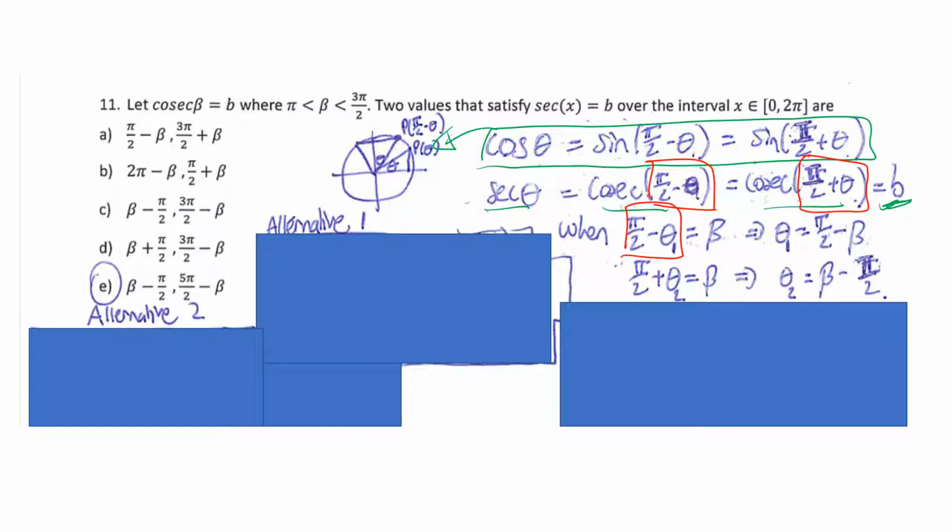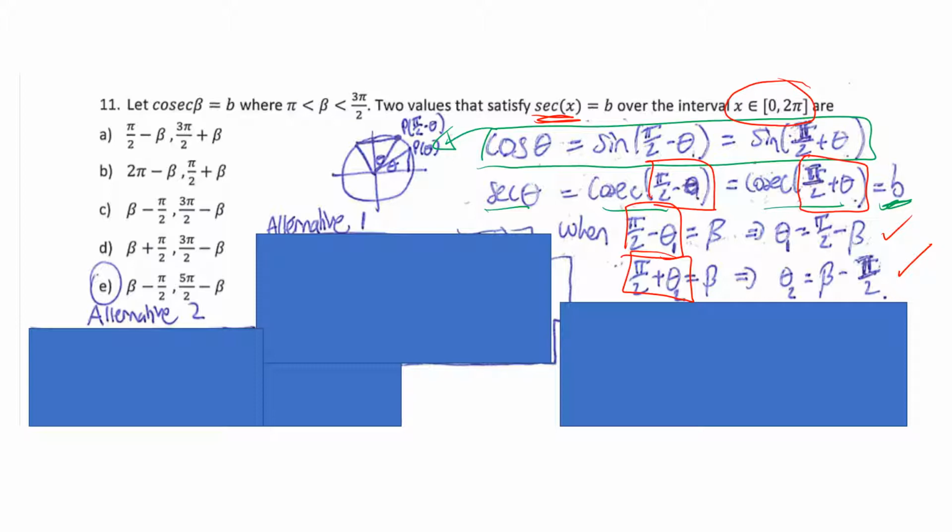We're going to assign that to beta as well, and get a second expression for x. So here are two distinct values of x that satisfy sec x equals b, lowercase b: pi on 2 minus beta, and beta minus pi on 2. Now why don't those options appear? It's because we need to find solutions over the interval from 0 to 2 pi.